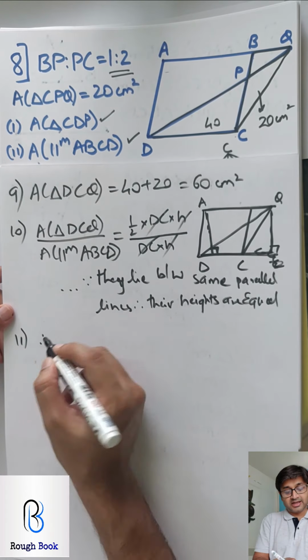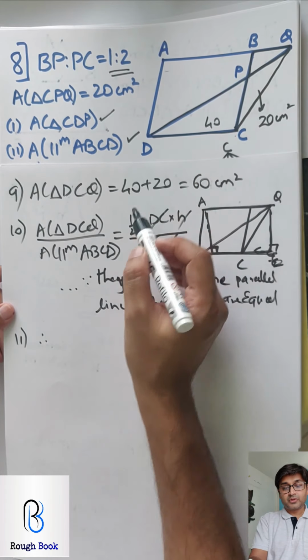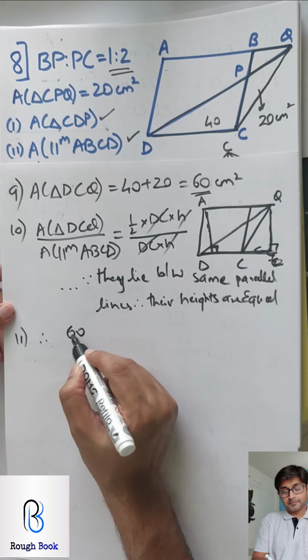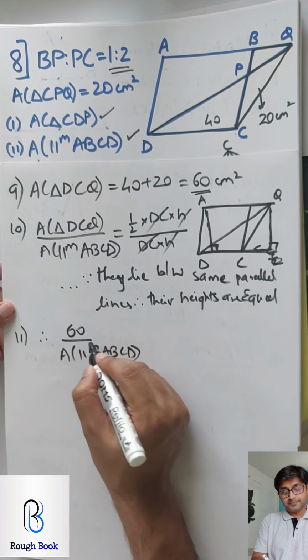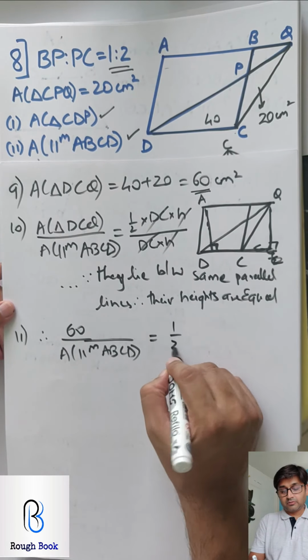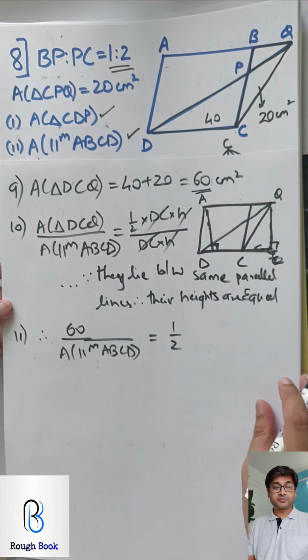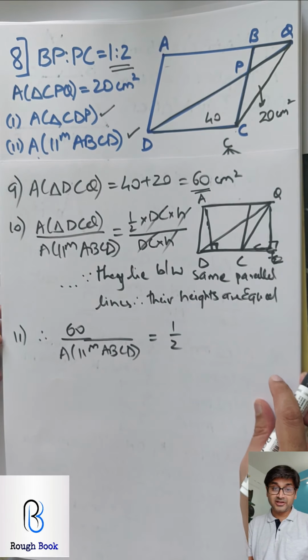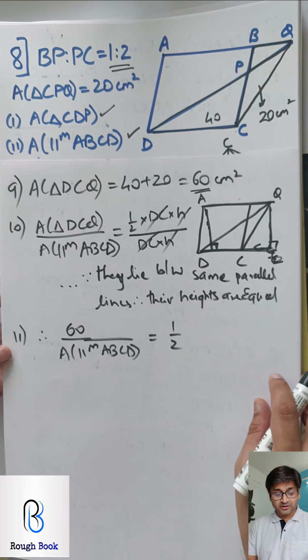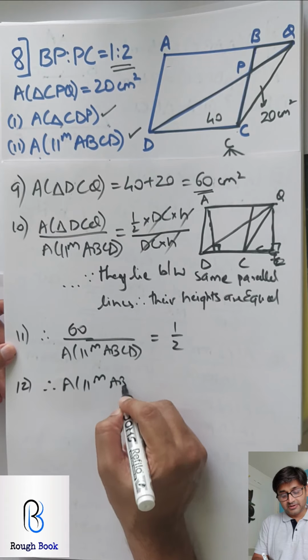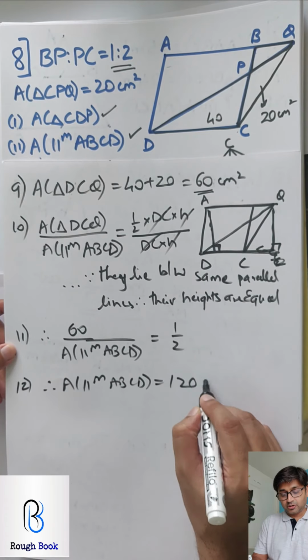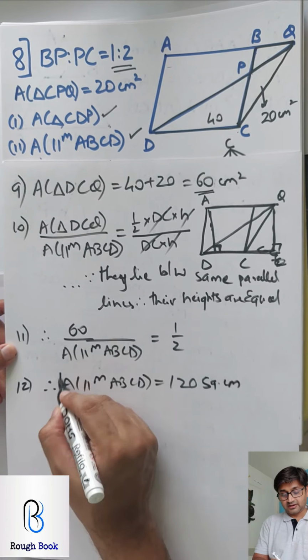DC also I can cancel. For CDQ, we just found 60, upon area of parallelogram ABCD. What is left is just half. Cross multiply, you got your answer. Magic happened. Wasn't this a brilliant question? So finally, area of parallelogram ABCD is equal to 120 square centimeter.